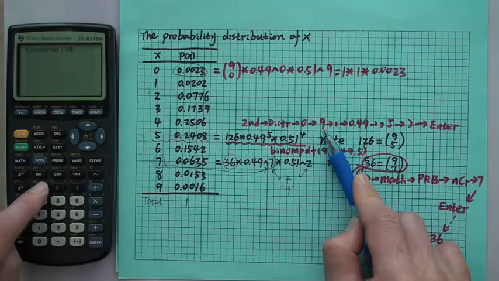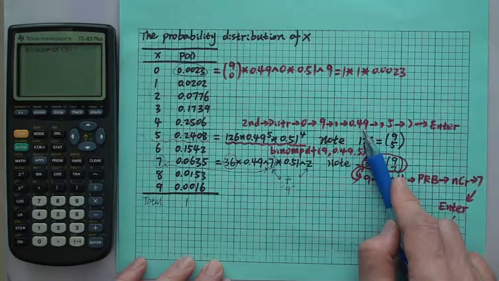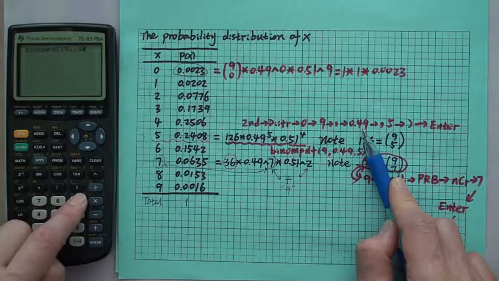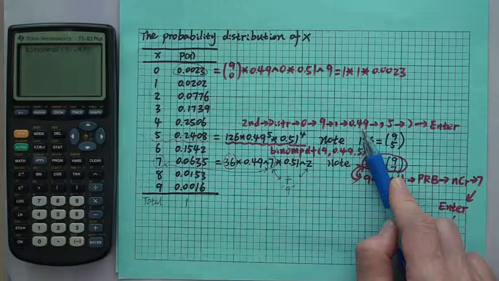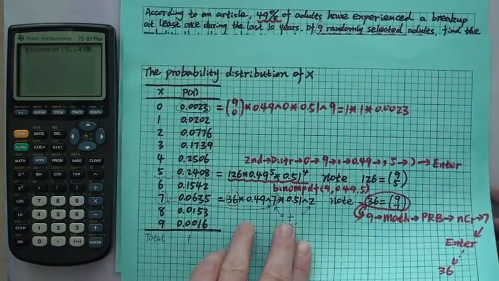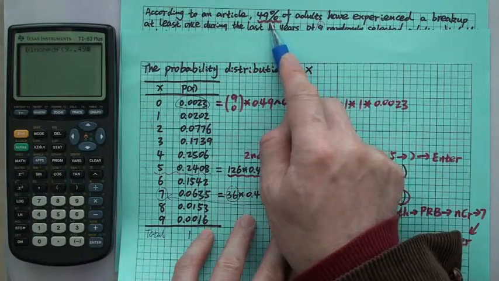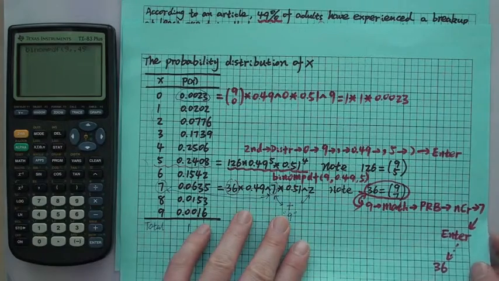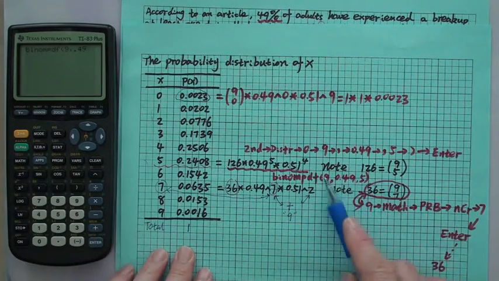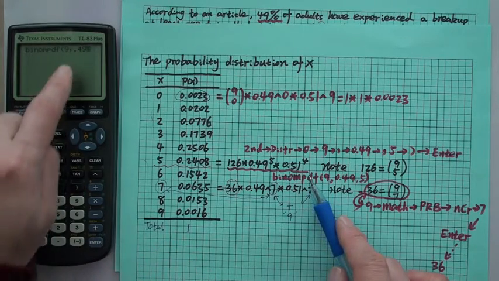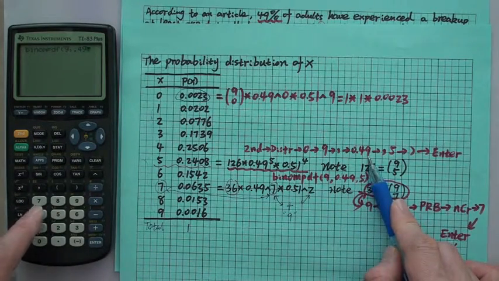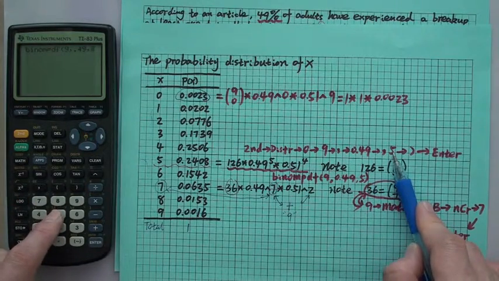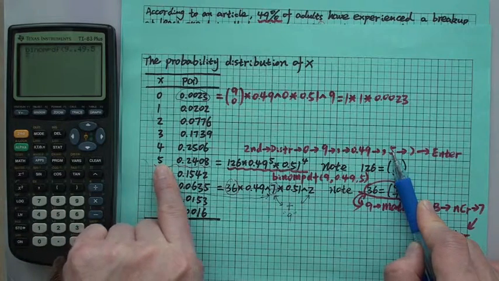Then you enter 9, because that's the total number, first. And then 0.49. Don't put 0.51 there. Here 0.49 is the second value. Then you put 5, because we calculate this probability.